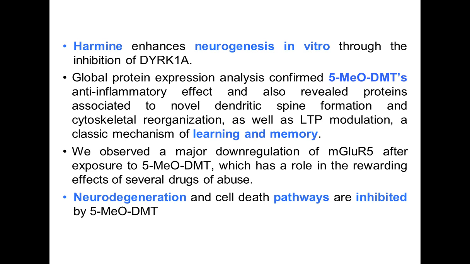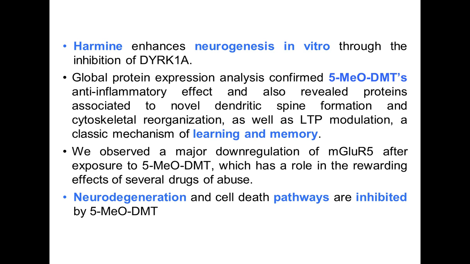In summary, we show that harmine enhances neurogenesis in vitro through the inhibition of DYRK1A. We also show that there is a change in the global protein expression after exposure to 5-MeO-DMT, and we highlighted changes in the anti-inflammatory signaling pathway, and also proteins involved with learning and memory. We also observed a downregulation of mGluR5 after the exposure to 5-MeO-DMT.